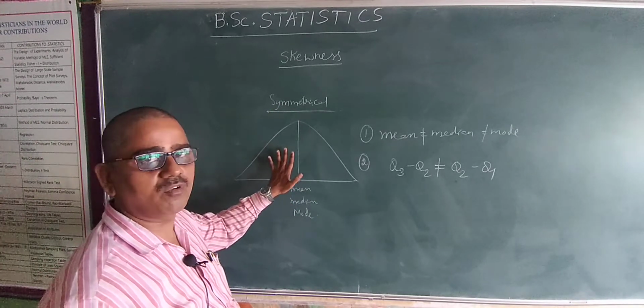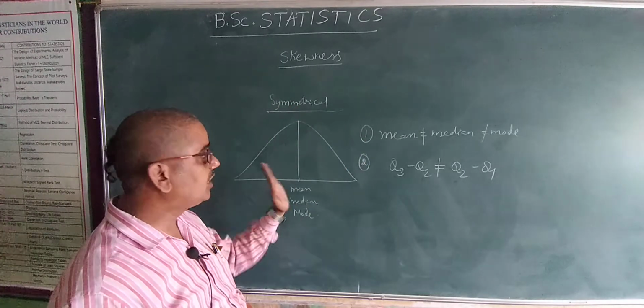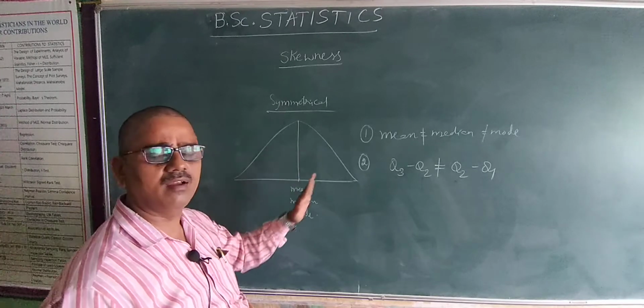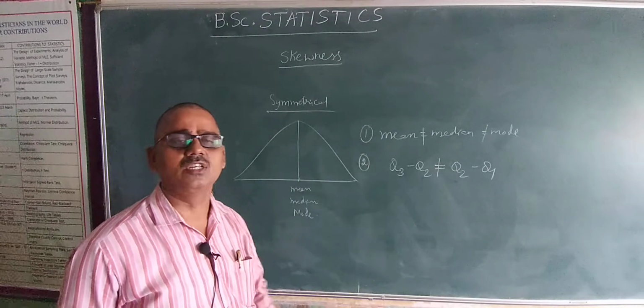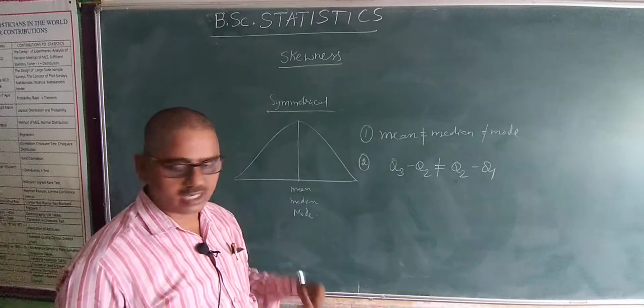This is definition number 1 for symmetrical. If it is not like that, with mean here, median somewhere here, mode somewhere here, then such a distribution is known as a skewed distribution.